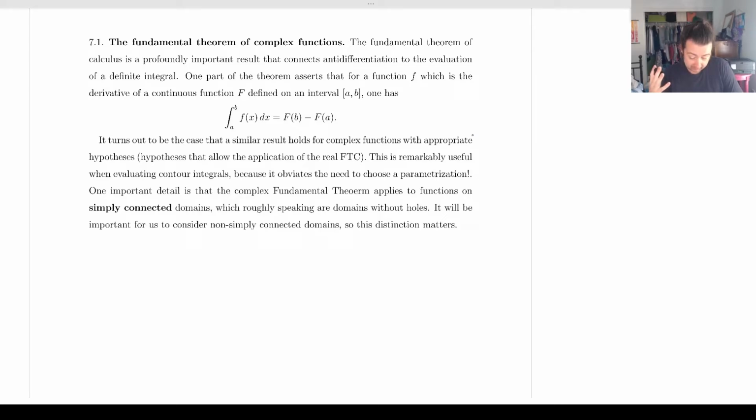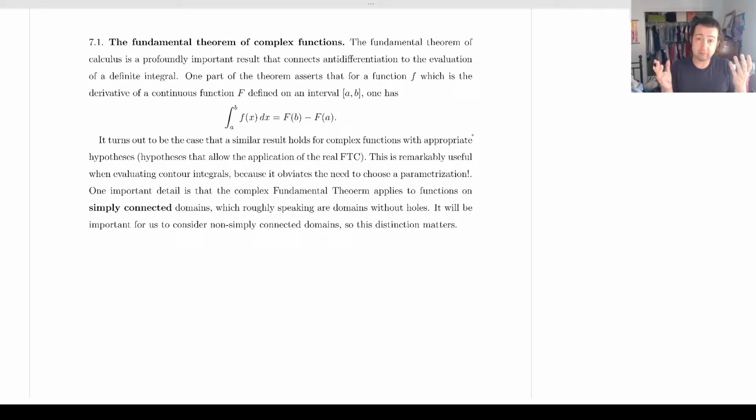And what the fundamental theorem of calculus does, or at least part of it, is give you a connection between the evaluation of that number and the antiderivative, which is the indefinite integral. It's a very, very useful formula for evaluating definite integrals, because it means you don't have to do Riemann sums or estimates or limits. You can just find an antiderivative and plug numbers into it.